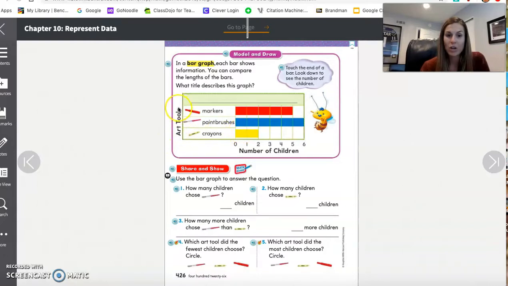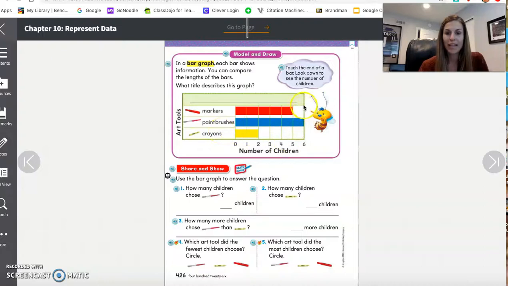So we have art tools over here, markers, paintbrushes, and crayons, and then we have the number of children listed down here. So this tells me which number of children have these art tools.